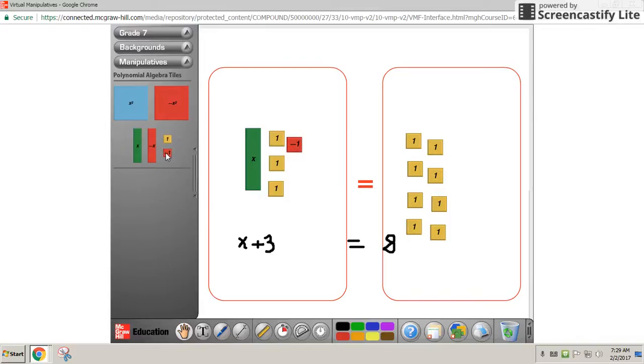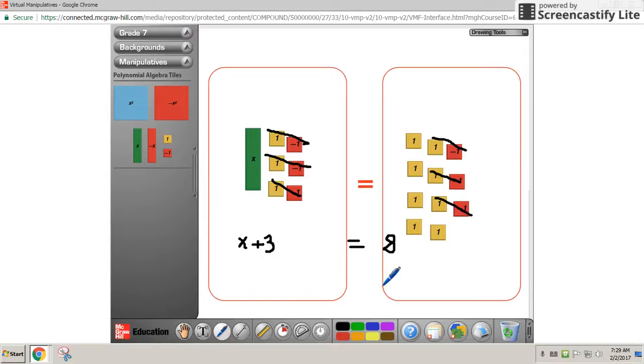So with our algebra tiles, we did this process, which was essentially we were adding 3 negatives. And what we do to one side, you have to do to the other side, otherwise your balance is not equal. So what we're going to add here is, we did this with our algebra tiles so that all of these would cross out, but we're going to figure out how we are going to show this algebraically.